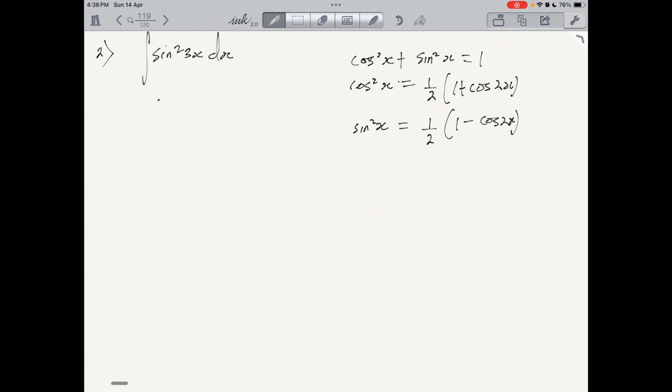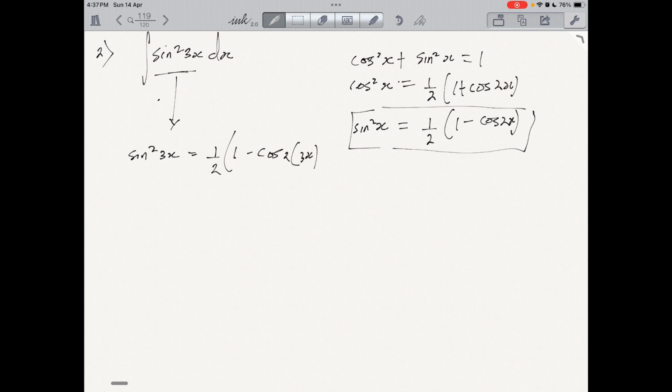Now, since the question says we should simplify sine square 3x, therefore sine square 3x will be equal to 1 over 2 into 1 minus cos, we are following this format. So we are changing x into 3x. So wherever we see x, we substitute 3x. So it gives us 1 minus cos 2 into 3x.